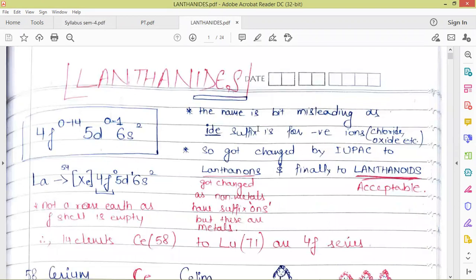So let's get started. As I have earlier told you, lanthanide elements consist of the filling of the 4f subshell. This is the general electronic configuration for lanthanides.